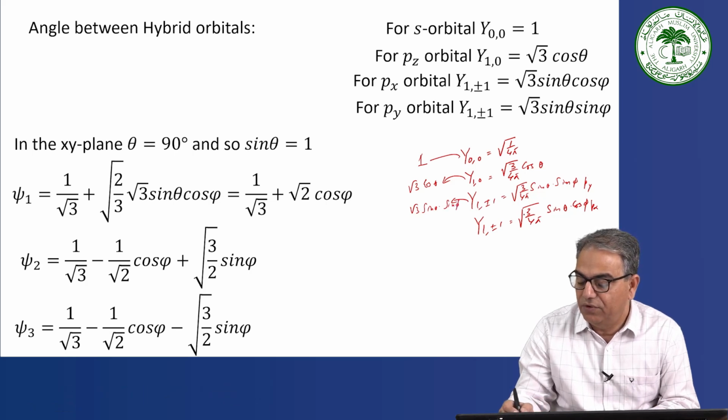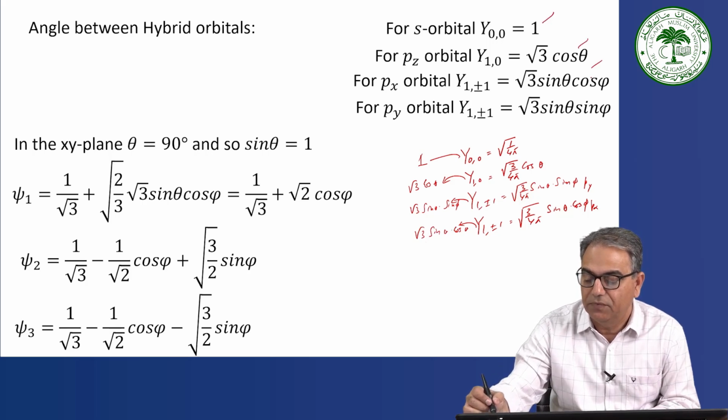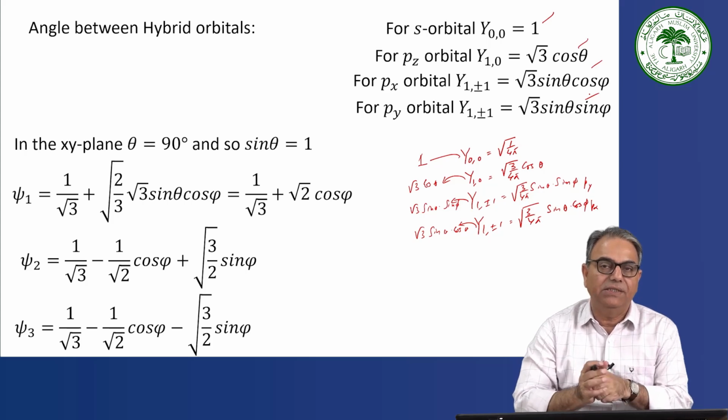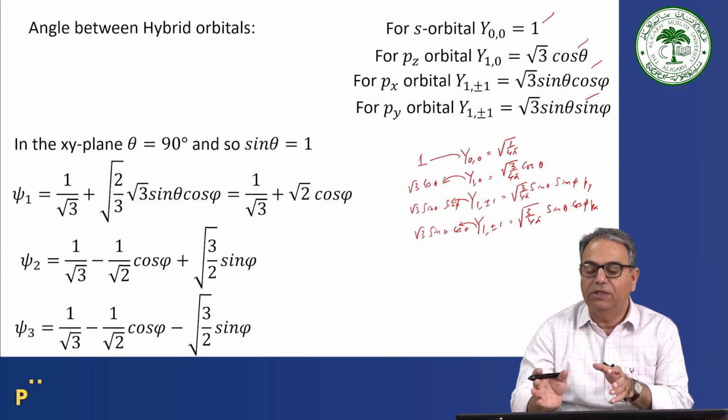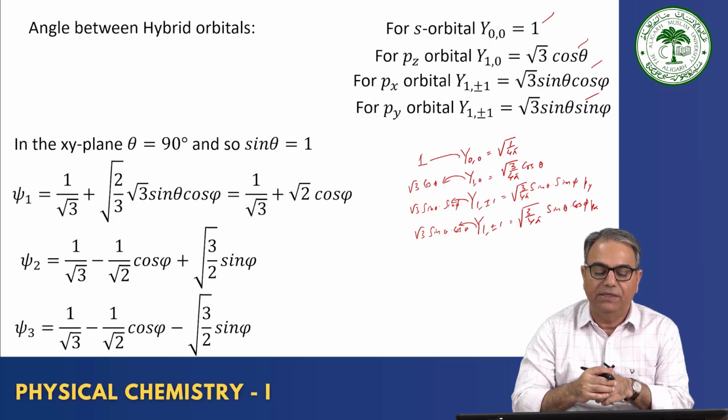And 1 by 4 pi will go from this function also, and that will be root 3 sin theta cos phi, that will be the px function. So these are relative values of the functions, not the actual values. Only the constant becomes relative, the rest of the terms with theta and phi don't change, so that will give you the angle.